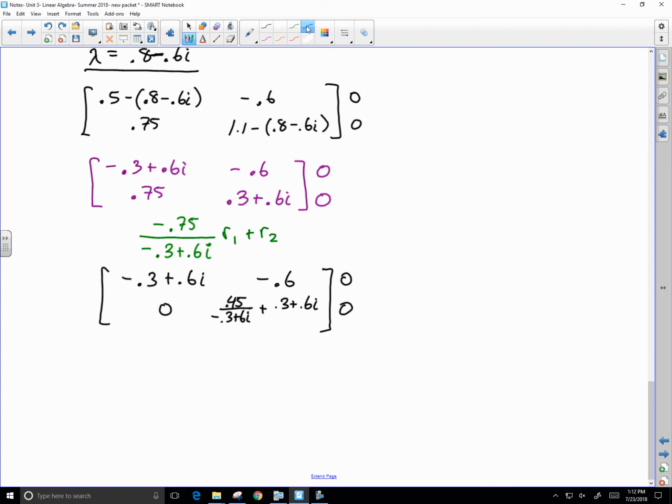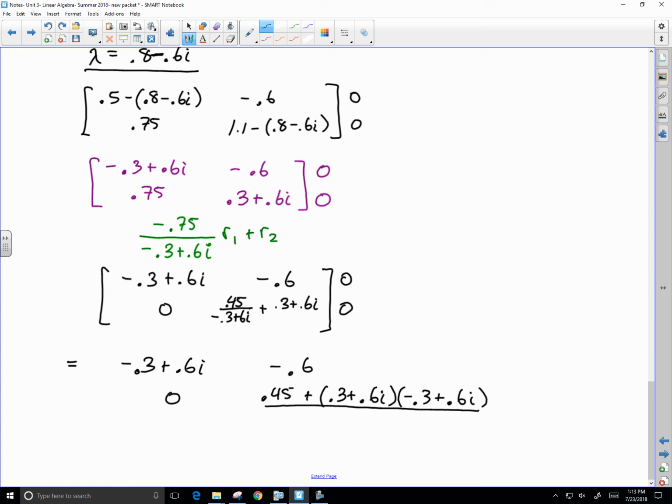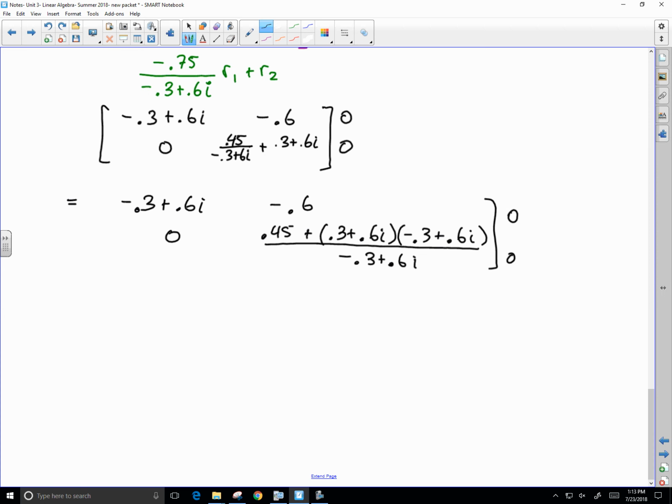So then we need to get a common denominator. So 0.45.